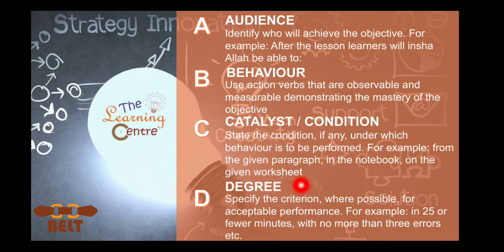This again clarifies for the teacher as well as the students how much of the ability is required and what level would be acceptable to be successful in the achievement of the set target.